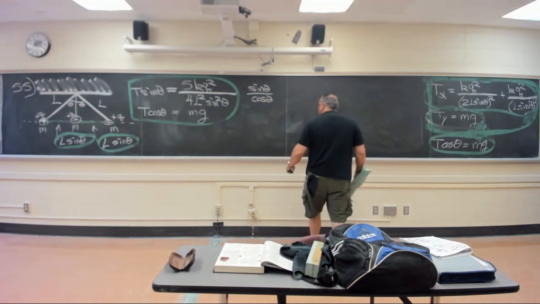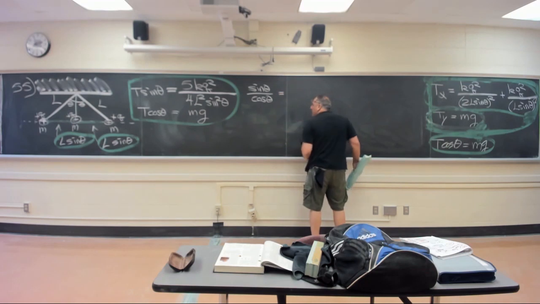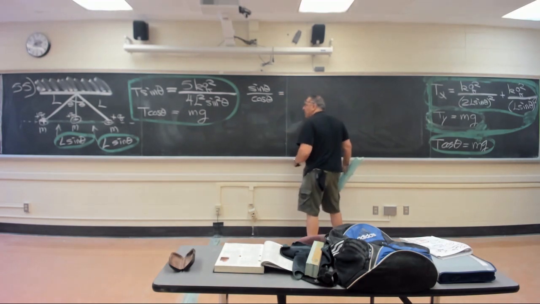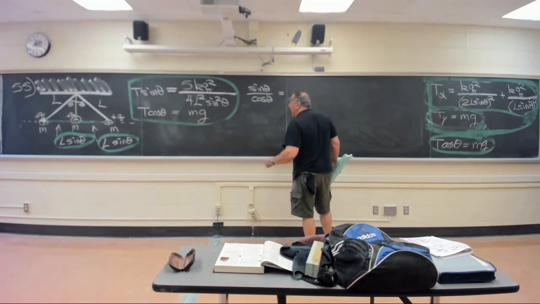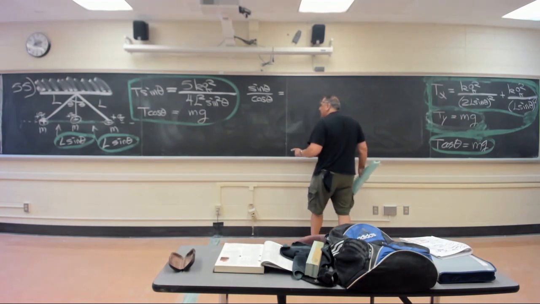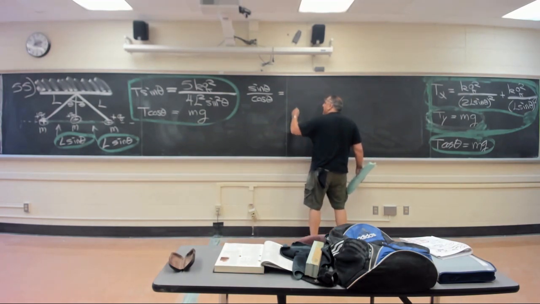Sine theta over cosine theta equals... there's a lot there, but there's no t there, and that's a good thing.